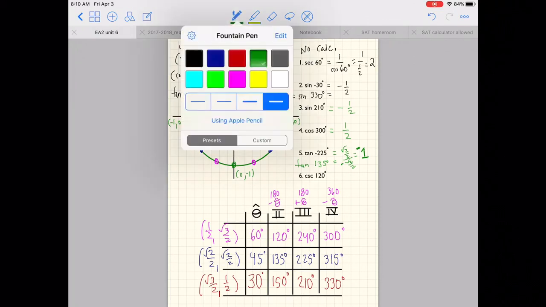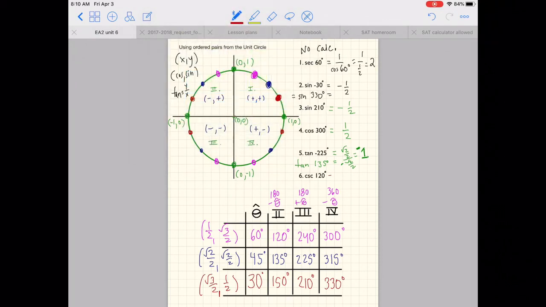And finally, the cosecant of 120. Let me change the color so you can see it. Cosecant of 120. Cosecant is the reciprocal of sine. C goes with S and S goes with C. So if cosecant's reciprocal is sine, we basically need to know what the sine of 120 is. So at 120, sine is y. So we're basically going to say root 3 over 2.